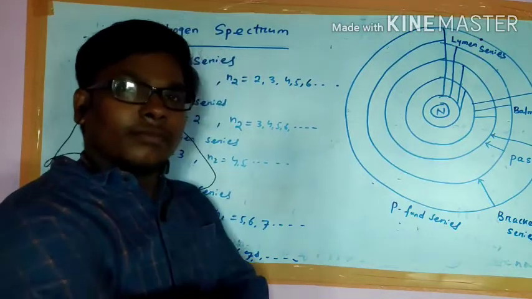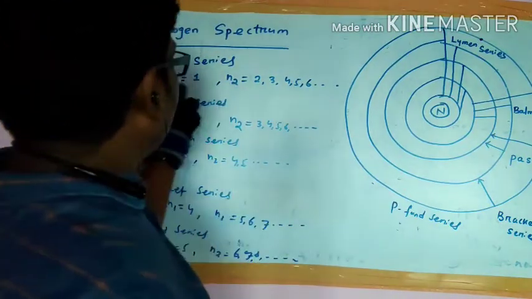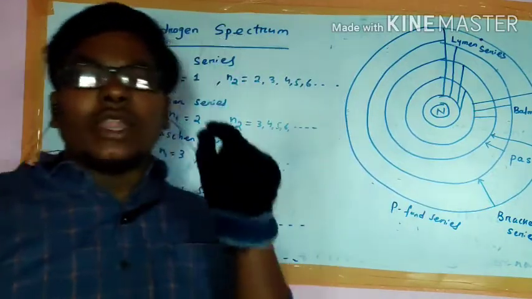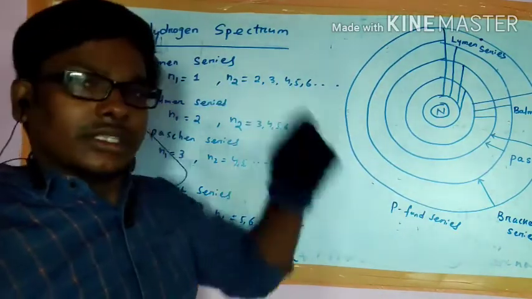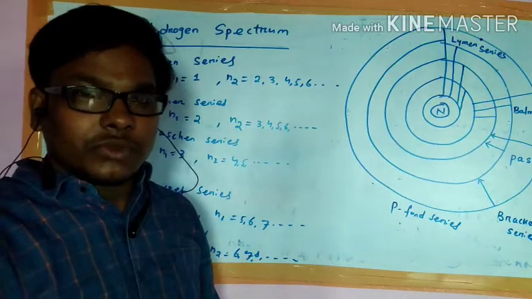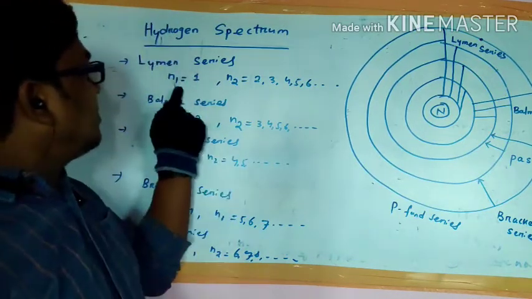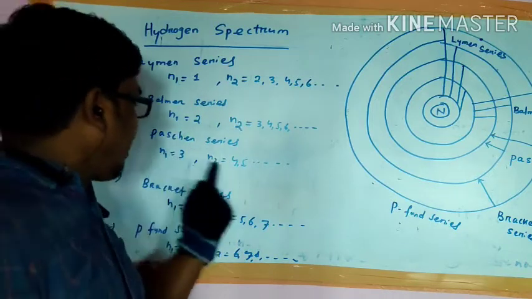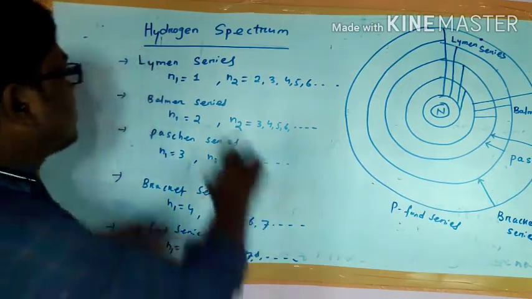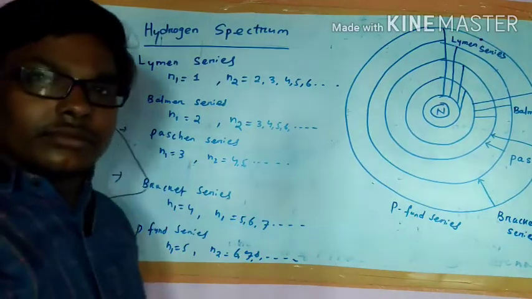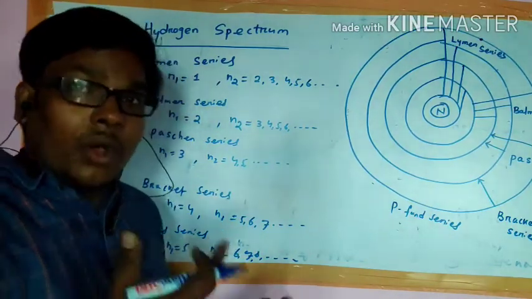Clear? By using these values, we can find out the wavelength of the different spectral series. How?